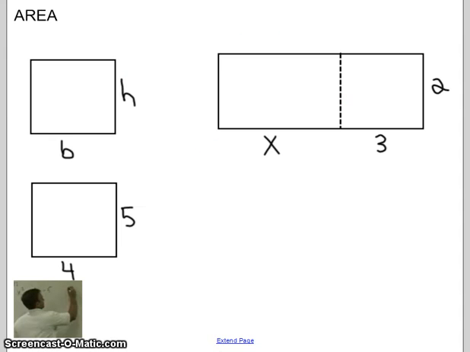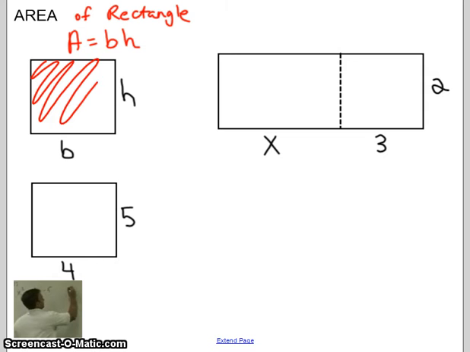Alright, let's look at a word problem that involves area, or let's look at area and how distributive property might help us. Area of a square or rectangle is just base times height. So whatever this is in here, this whole region, is just base times the height.